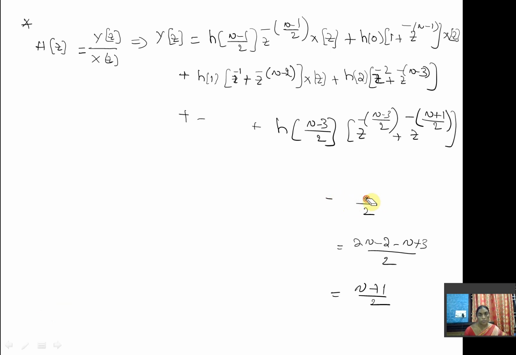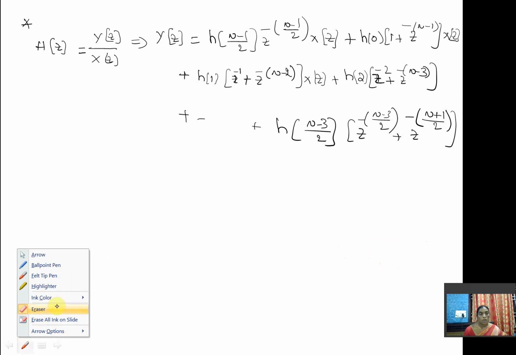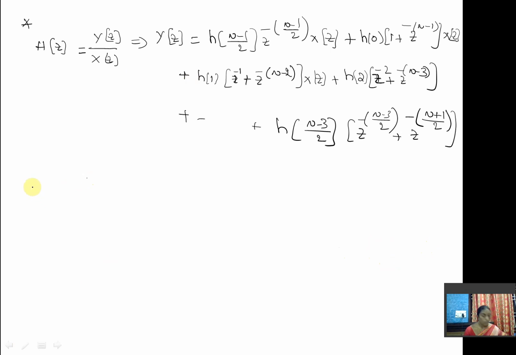Just write the equation first and then observe. Here, as in the previous case, we smartly group the delay units. In the same way, here also group the delay units. See here, X(n): first place the delay units. How many delay units are there here?